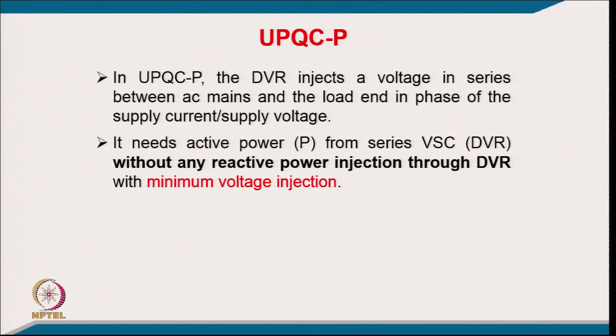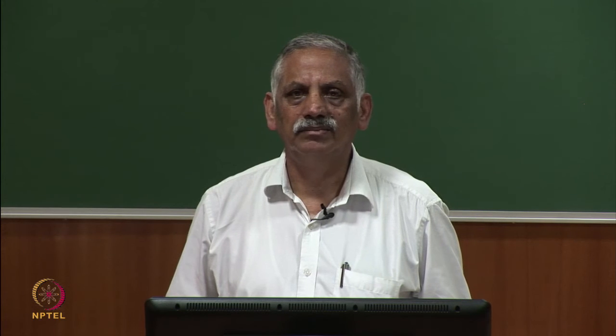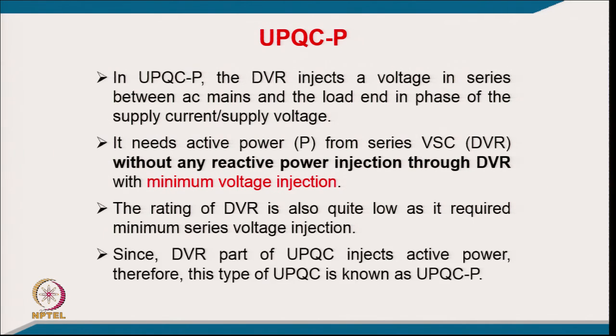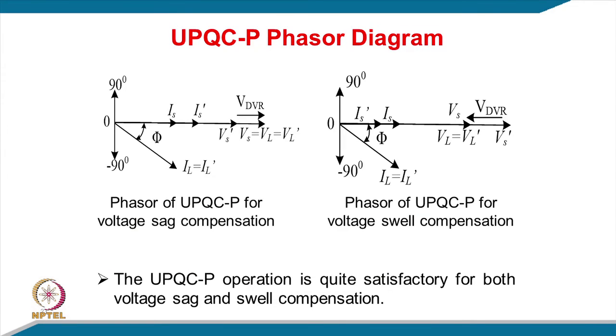It needs active power from the series voltage source converter operating as a DVR, without any reactive power injection, with minimum voltage injection. The rating of the DVR is also quite low as it requires minimum series voltage injection, and since the DVR part of the UPQC injects active power, this type of UPQC is known as UPQC-P.